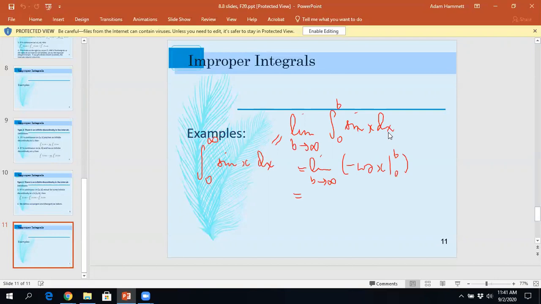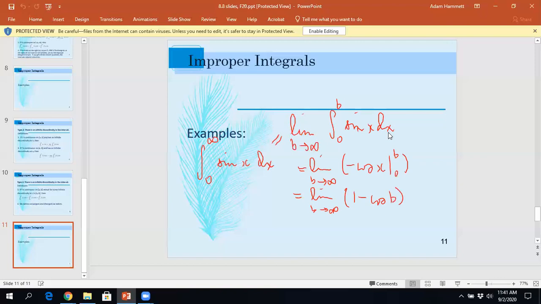That's the limit as b goes to infinity of negative cosine of b minus negative cosine of 0. So it's plus cosine of 0. What's cosine of 0? 1. It's 1 minus cosine of b.